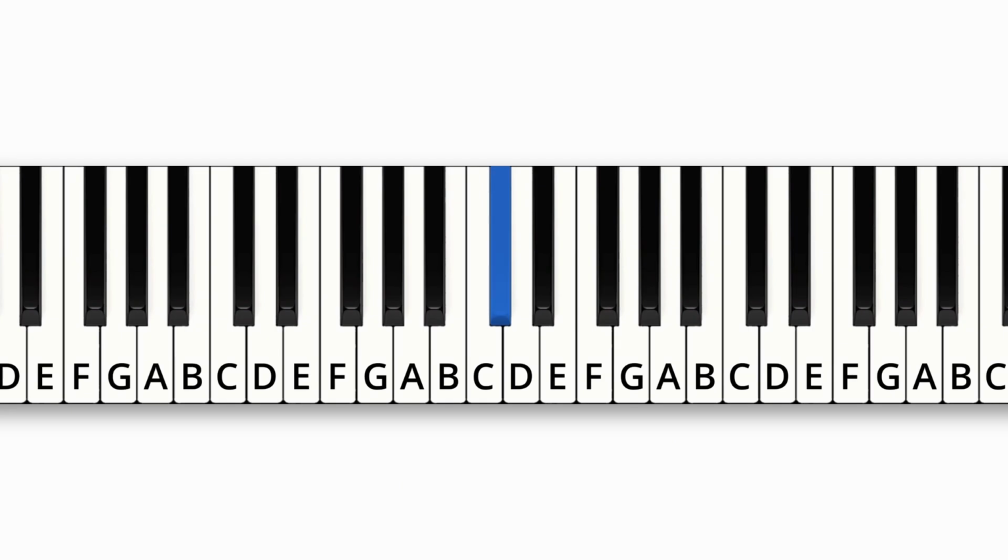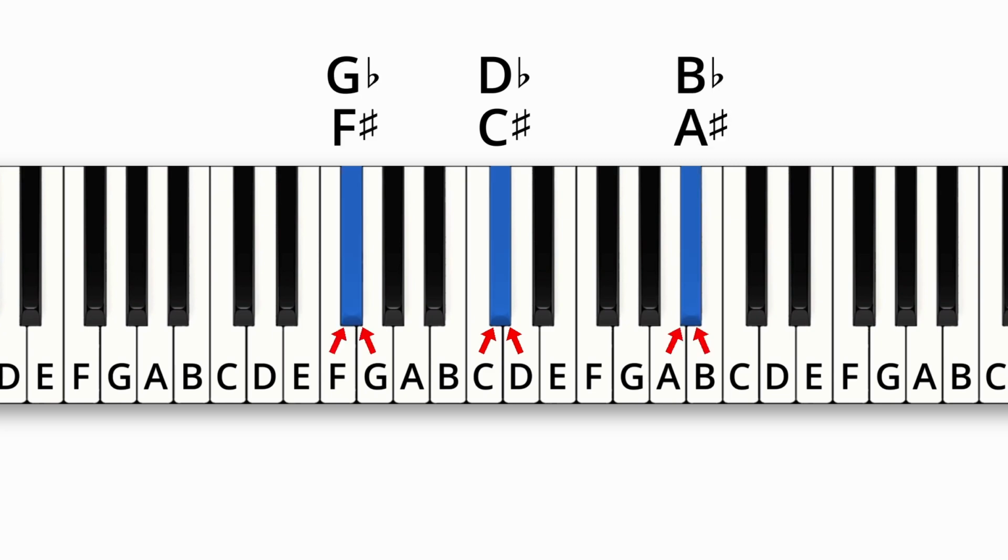So this black key can be called C sharp because it's a semitone above C, and it can also be called D flat because it's a semitone below D. This is true for all black keys. Each one sits between two white keys and can be named after either one, depending on the musical context. This might seem a little confusing now, but don't worry, we'll understand later on why this system makes sense.